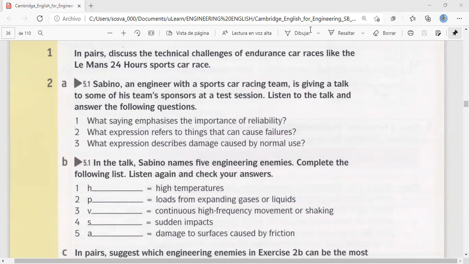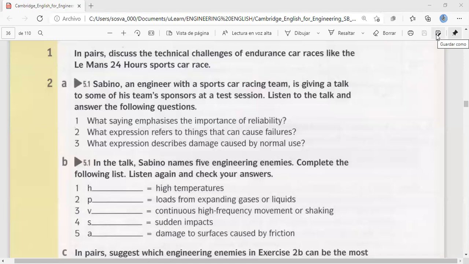A race is not just a test of speed, but the ultimate test of reliability. There's an old saying, to finish first, first you must finish. And it's especially true in endurance racing. You're not just competing against rival teams, you're also fighting what you could call engineering enemies, which can cause parts of the car to fail.